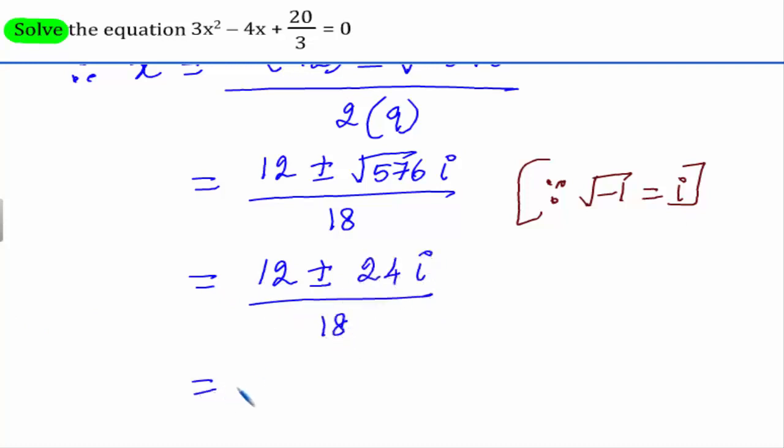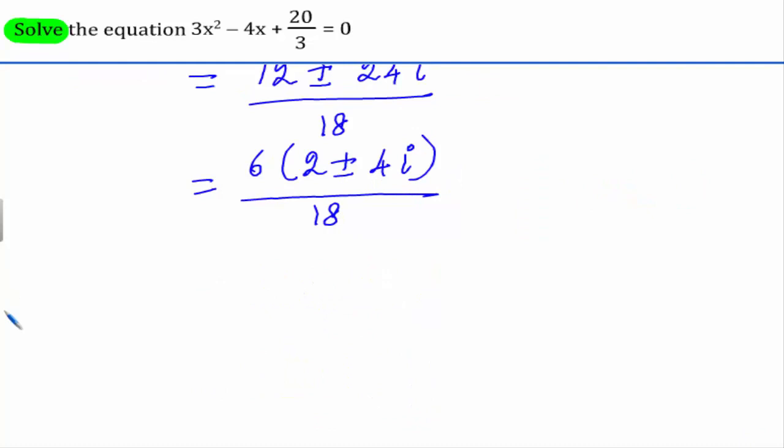So this will be equal to, if we take 6 common from the numerator, we get 6 multiplied by 2 plus or minus 4I divided by 18. Upon simplification, we get 2 plus or minus 4I divided by 3.